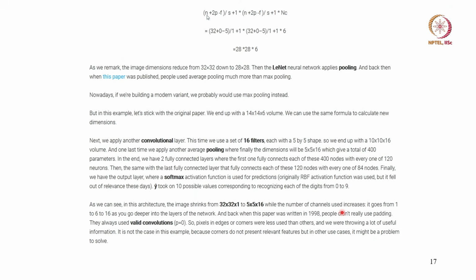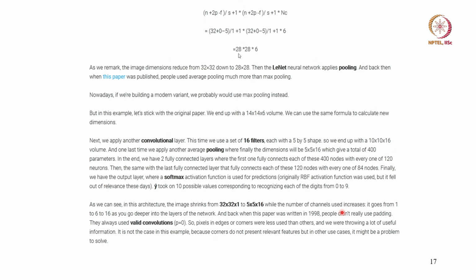You have n as 32 because you have 32 by 32, right? Plus 2p. So suppose you are not using any padding, so padding is 0, and f is 5, that's the size of your filter, 5 into 5, divided by stride, which is 1, plus 1, right?